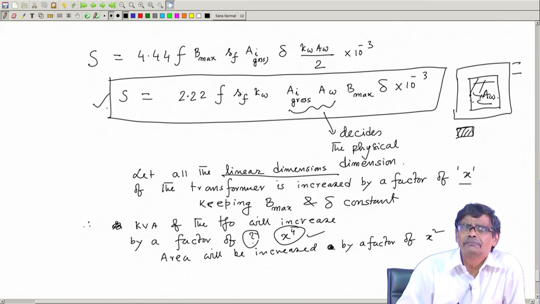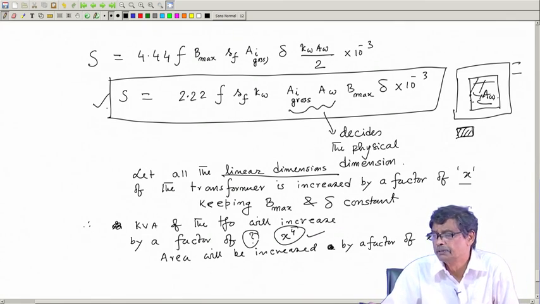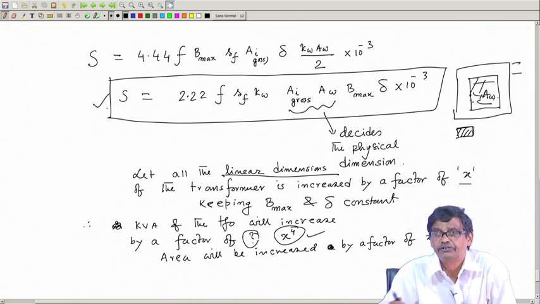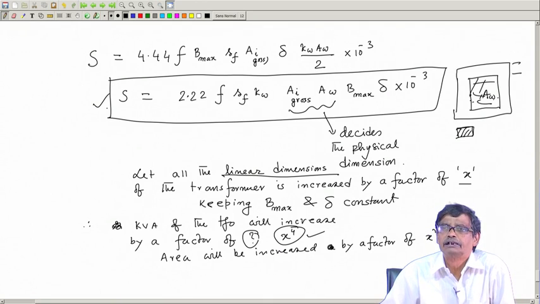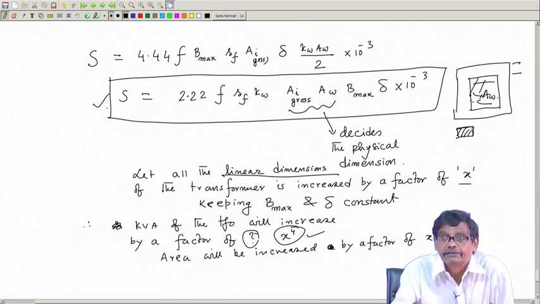Otherwise, I may feel a small transformer without any extra cooling arrangement, air natural cooling is sufficient and it is working, then what happens if the size of the transformer is very large? That is what we are examining.